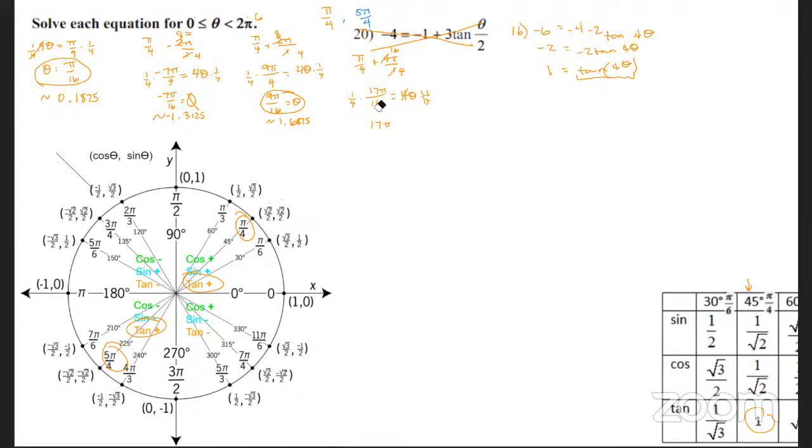I put 17 pi over 16. I was jumping the gun here. It's 17 pi over 4. When you add, you have a common denominator. 4 and 4 stays 4. So pi plus 16 pi is 17 pi over the common denominator of 4. 17 pi over, now when you multiply 4 times 4, you're going to multiply the denominator to get 16.